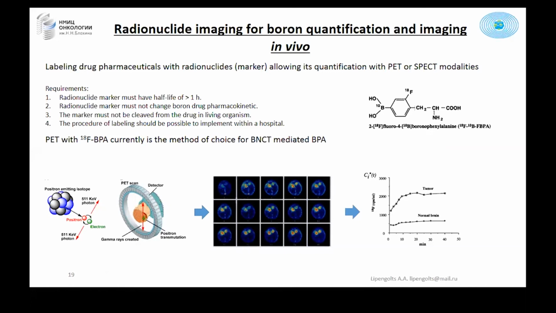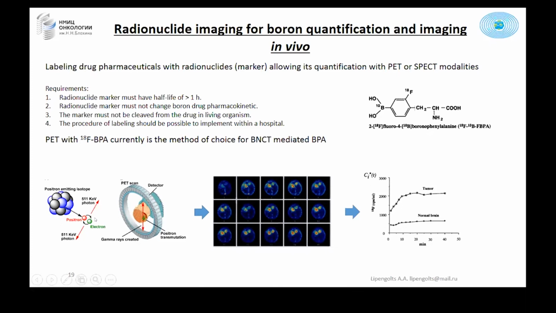For PET, when labeling some boron compounds with radionuclides, we should keep in mind that it should have sufficient half-life to be visualized within the whole BNCT procedure, that is several hours. The radionuclide itself might not change the boron drug pharmacokinetics, because some radionuclides can be very heavy compared to the boron compound molecules.